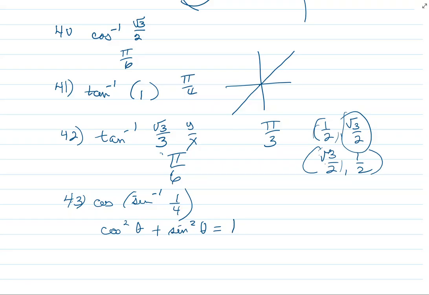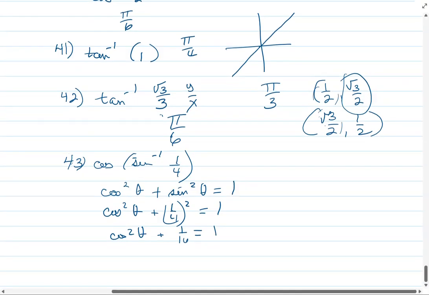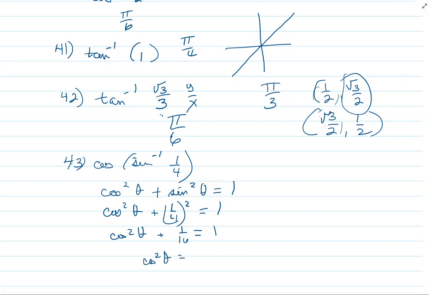Because we're looking for cosine, cosine squared of theta plus 1/4 squared is equal to 1. So if I subtract the 1/16, it's going to be 15/16, isn't it?